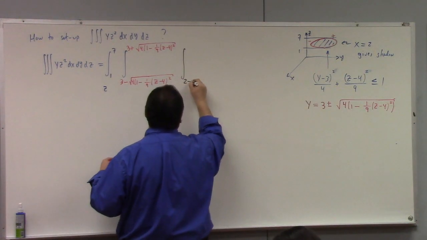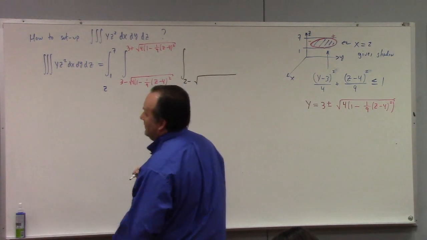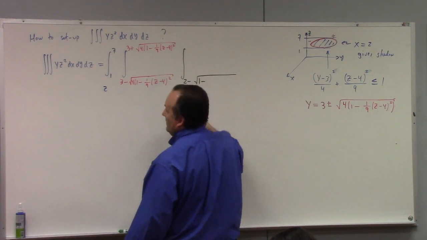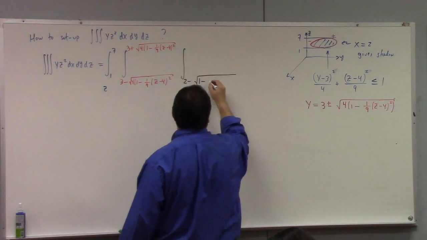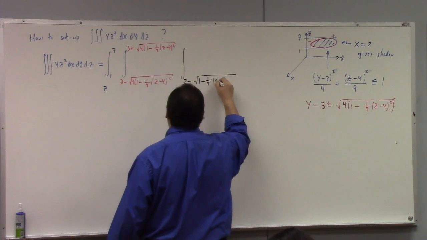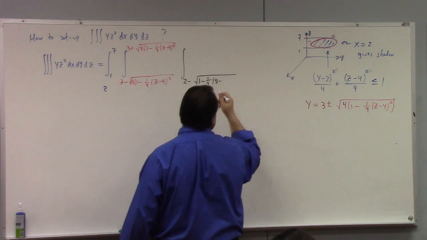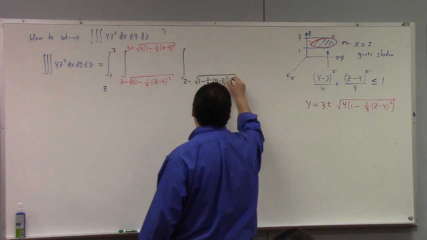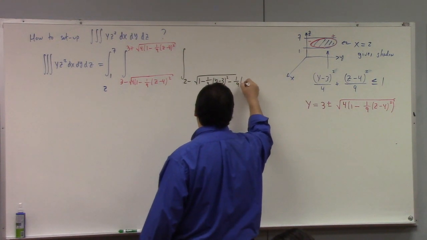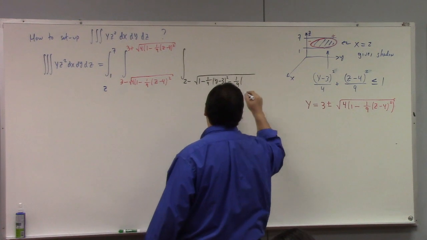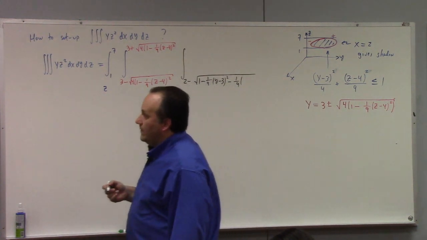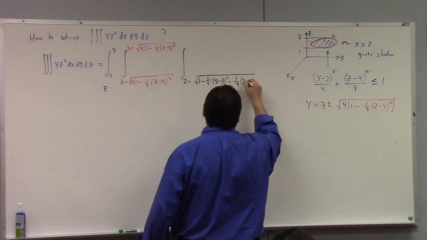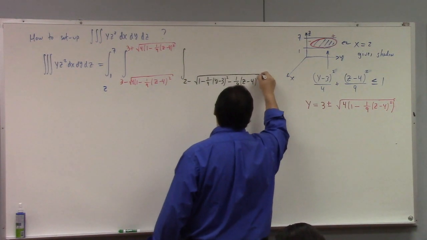So solving that for x, I get 2 minus the square root of 1 minus 1/4 y minus 3 squared minus 1/9 z minus 4 squared. If I could just remember my problem for 3 seconds, that'd be wonderful.